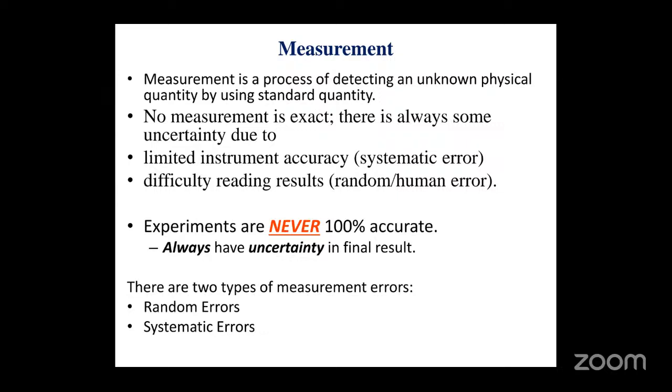That is error coming from the person carrying out the experiment, or error that is inherent in the apparatus being used for the measurement. So we have these two classes of error: systematic error and human or random error. And that tells us that experiments are never 100% accurate. There will always be an uncertainty, a little shift in the final results.